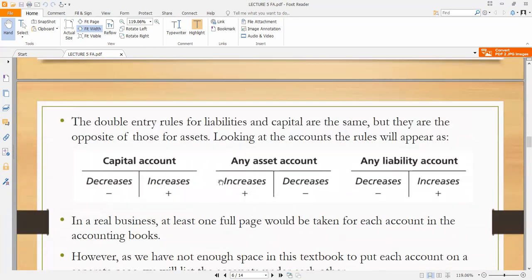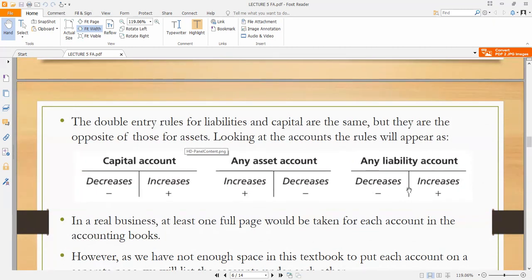Here we are saying that the double entry rules for liability and capital are the same, but opposite to those for assets. This is the capital account, so we decrease, then we increase. Any asset account, increase, then decrease. Then the liability, decrease, then increase.